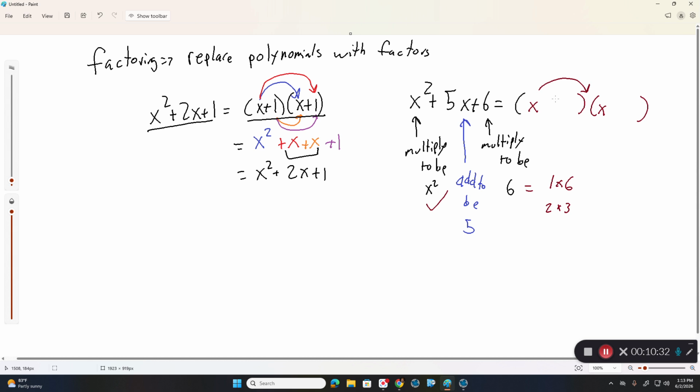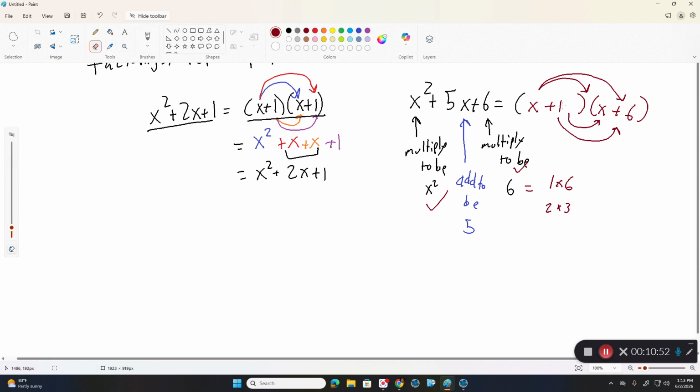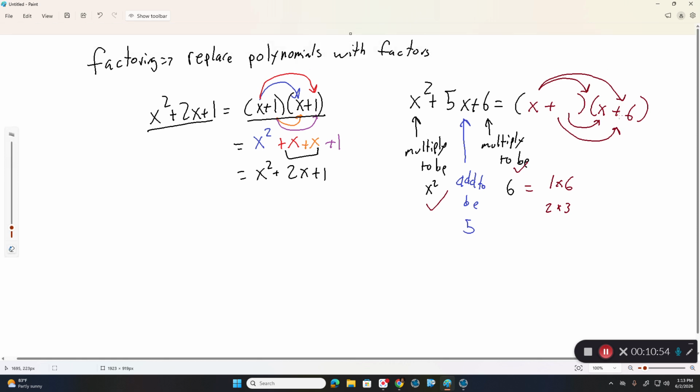So I could write plus 1 plus 6. Notice the 1 times the 6 does give me 6. But my question is, if I look at the outer and inner terms, 6x plus x would actually give me 7x. And that's not what I want. So unfortunately, that does not work.